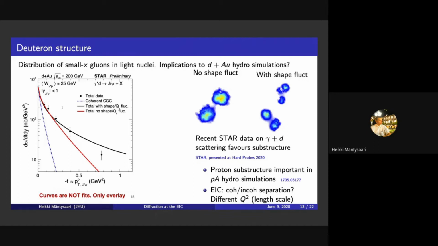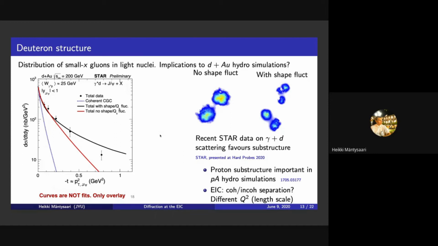So the symbols here show the total measurement, and what you can see overlaid here is a prediction from the recent paper I had with Björn Schenke, where apparently the reference is missing.